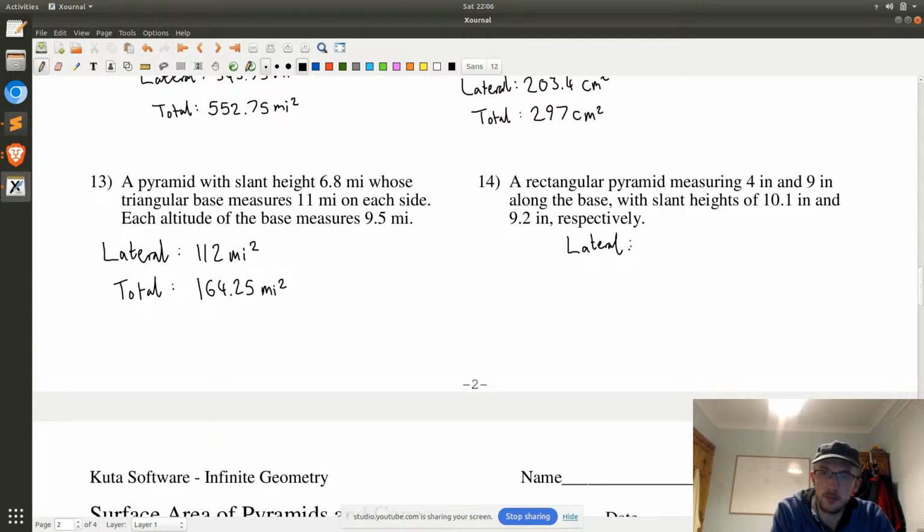That's all to get the first pair. So 90.9. And then 4 times 9.2, which is 36.8. So 36.8 plus 90.9, 127.7 square inches.